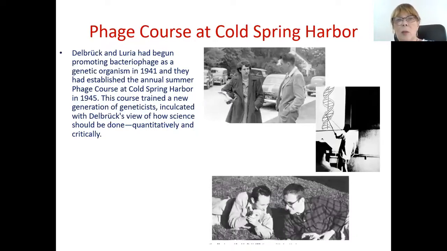And these courses, like your summer school, took place annually in Cold Spring Harbor, and starting from 1945, a lot of generations of geneticists, inculcated with Delbruck's view of how science should be done, quantitatively and critically, were trained.